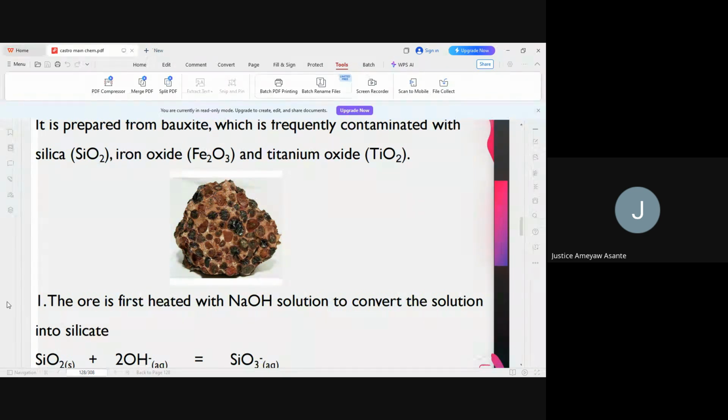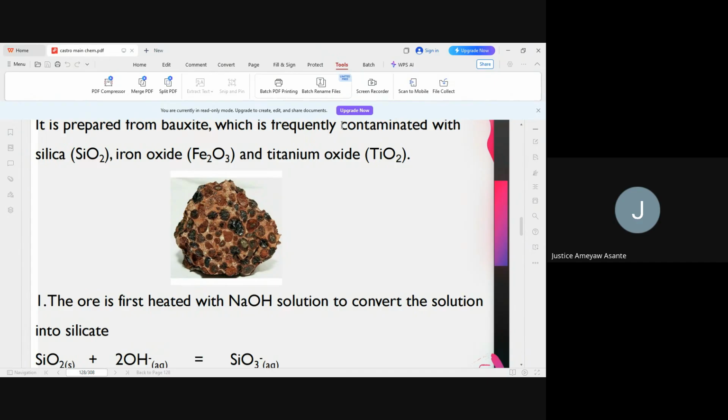So we want to purify this to get our aluminum oxide. What we do is first crush this and add sodium hydroxide to it. Sodium hydroxide will convert all the silica to silicate, and all the aluminum oxide will be converted to aluminate.